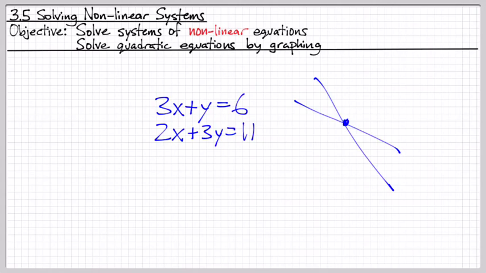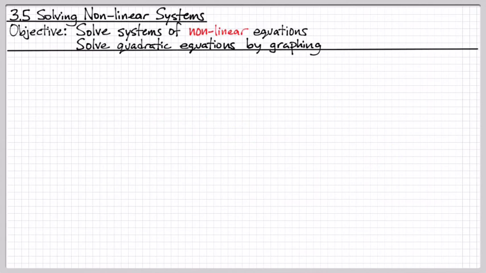We might use substitution, where we solve for y and then plug that into this other equation. We might use elimination, where we multiply this equation here by -3. We get a -3y. When we add these up together, we eliminate the y variable. We could then solve for x.